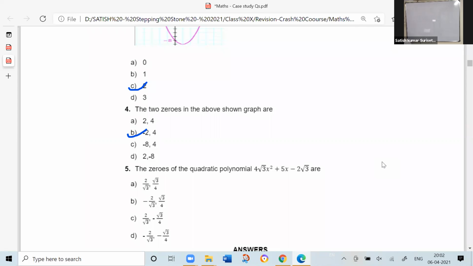From the expression, the sum of the roots is minus 5 by 4 root 3 and the product of the roots is minus 2 root 3 upon 4 root 3. So from the options, check the sum and the product. This should be the sum and this should be the product. So which option are you getting now? Option D. Sure.